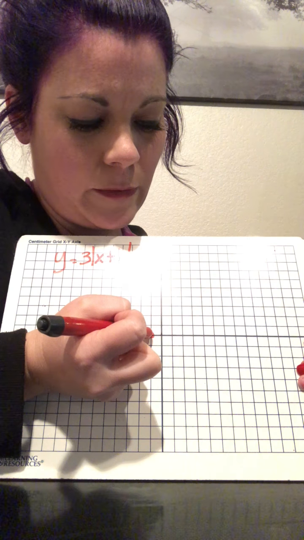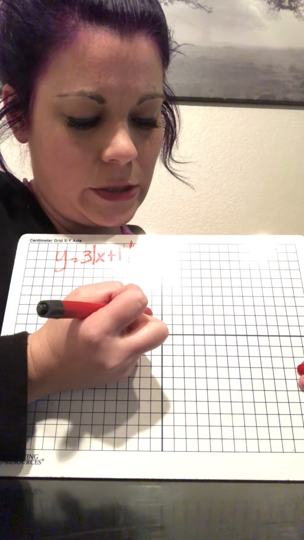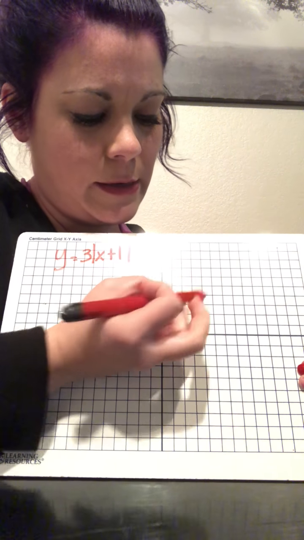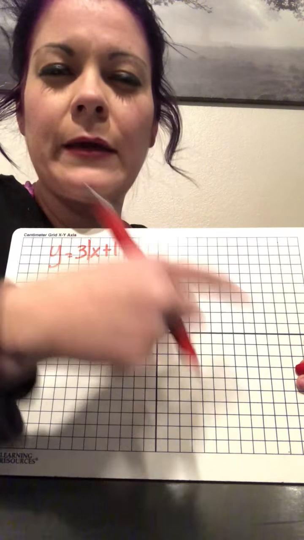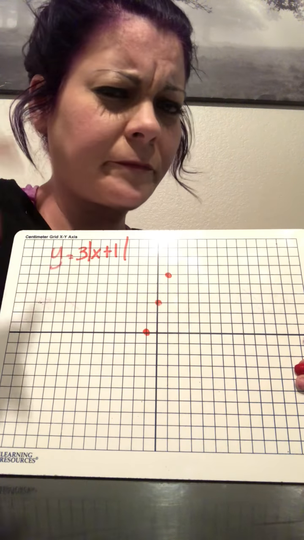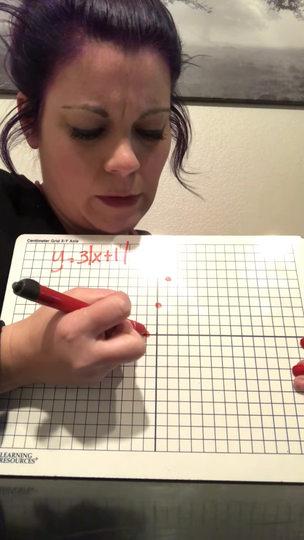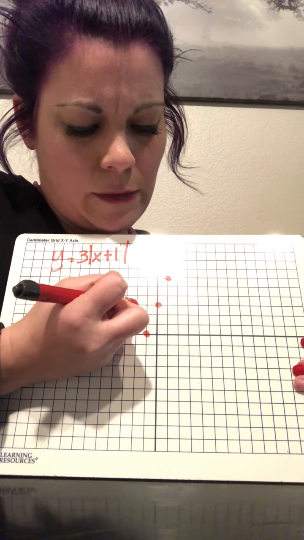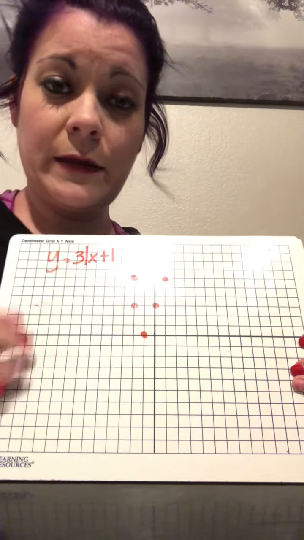So you go rise over run, up 3, 1, 2, 3, over 1, and it will always go over 1. When you multiply, the rise comes first. Then 1, 2, 3 over 1 on the other side, and that's your new graph.